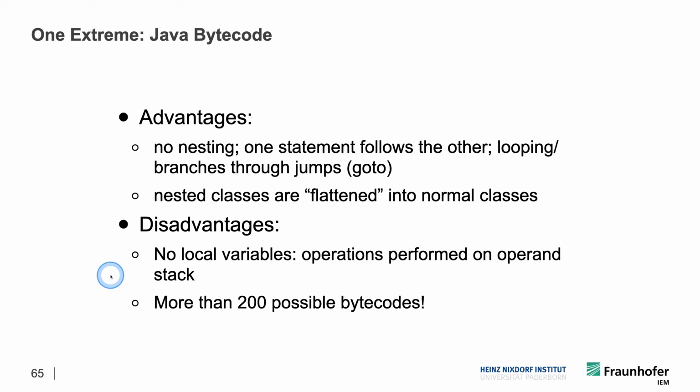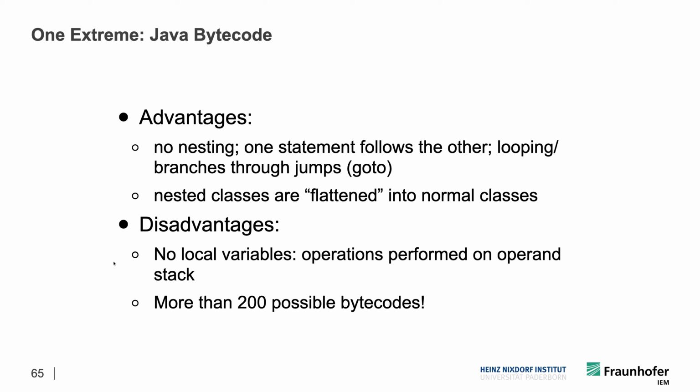But there are also some disadvantages. For instance, in Java bytecode, you know nothing about local variables. So basically there are no local variables. Operations that you would normally perform using local variables, in bytecode they are performed using an operand stack. And I'll be showing you an example in a second.